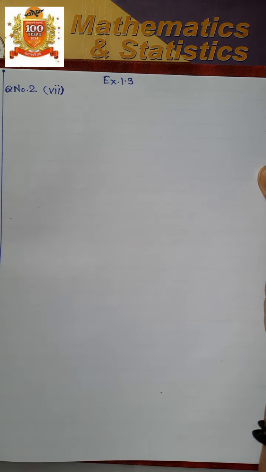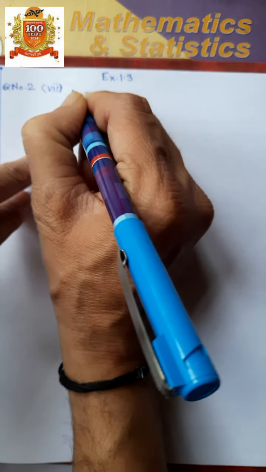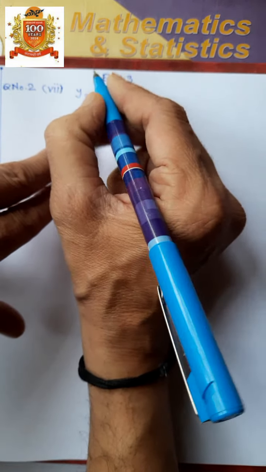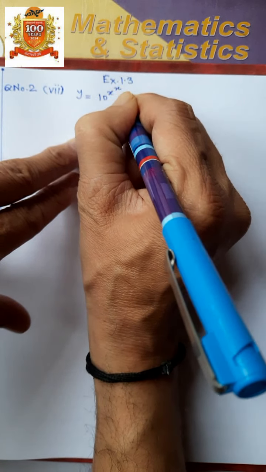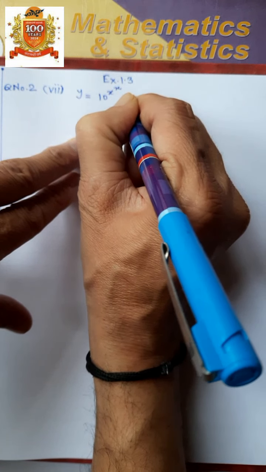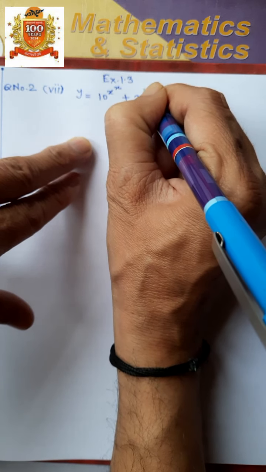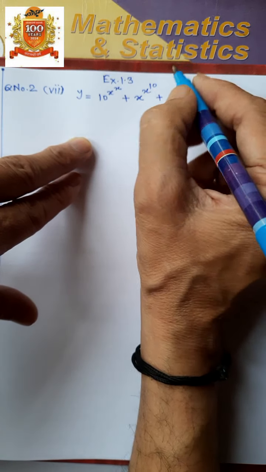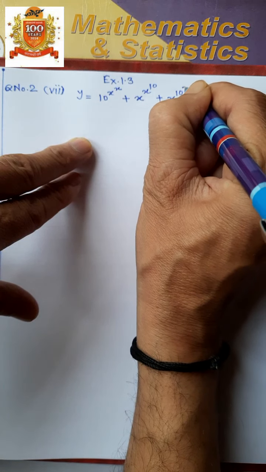Good morning, students. Let us see problems in exercise 1.3, question number 2, problem number 7. y is equal to 10 raised to power x raised to power x plus x raised to power x raised to power 10 plus x raised to power 10 raised to power x.